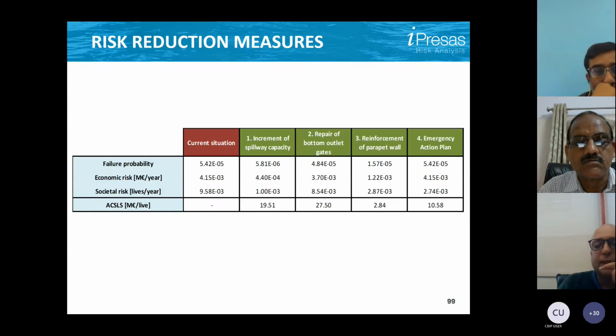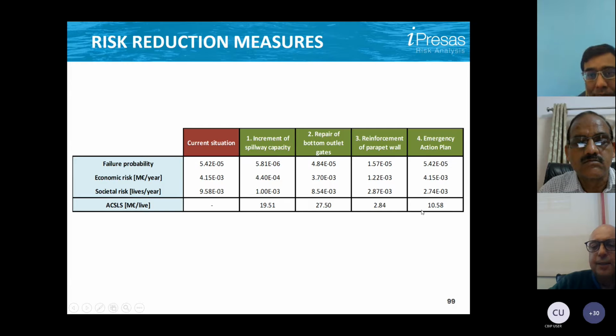So when you do everything on your own, you will have the current situation, then you will have how the probability of failure changes, how the economic risk changes, and societal risk changes for action 1, action 2, action 3, and action 4, and the calculated adjusted cost per statistical life.